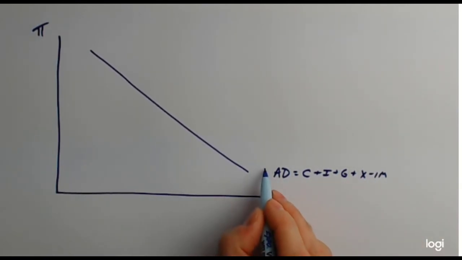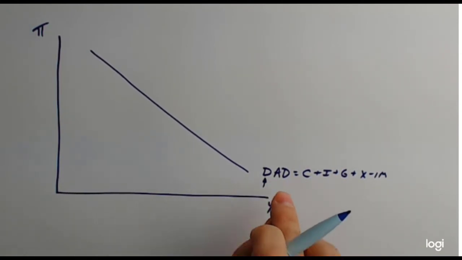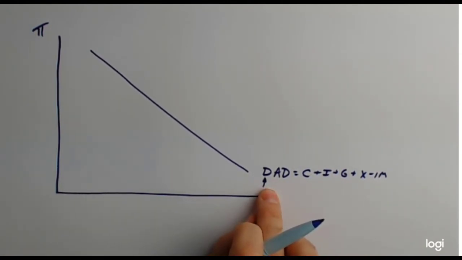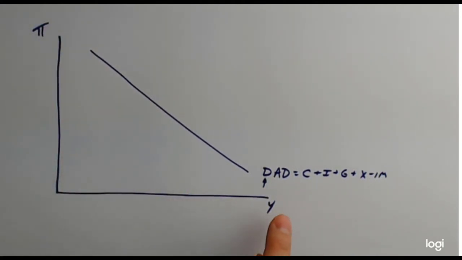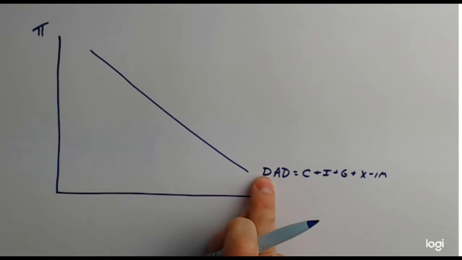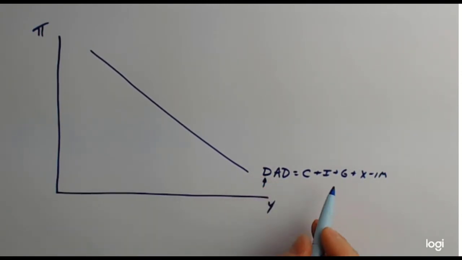But then it's going to be called a dynamic aggregate demand curve because what's going to happen in this story is that the Fed is going to react to inflation changes. And when the Fed reacts to inflation changes, it changes the real rate, which changes these guys. So that's where the dynamic component comes about.